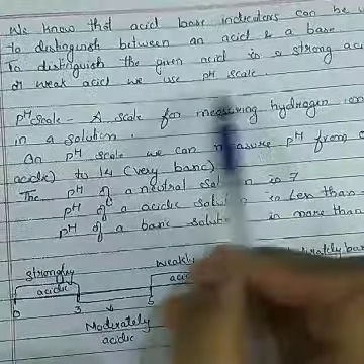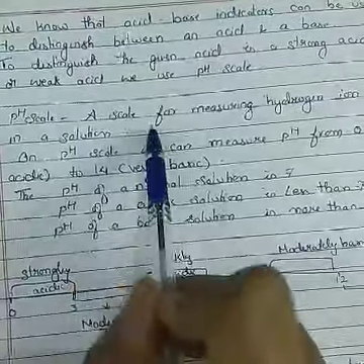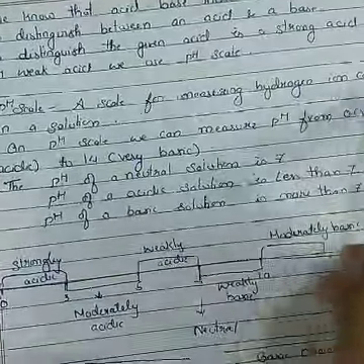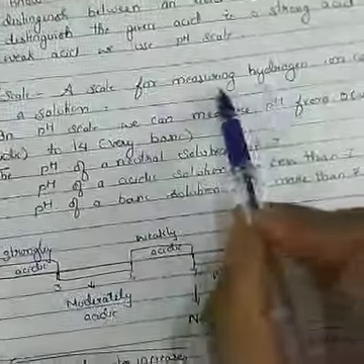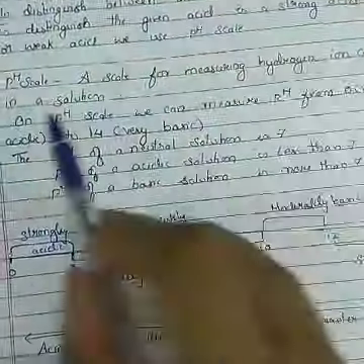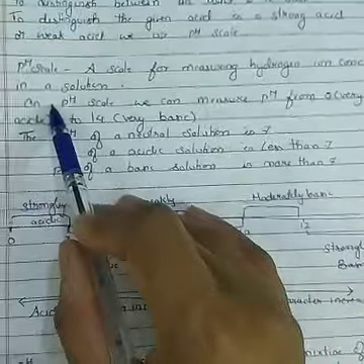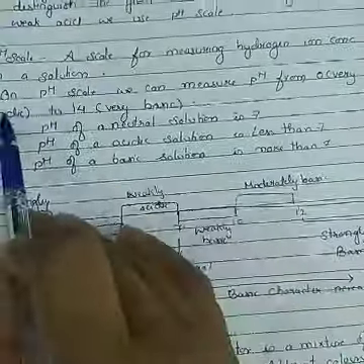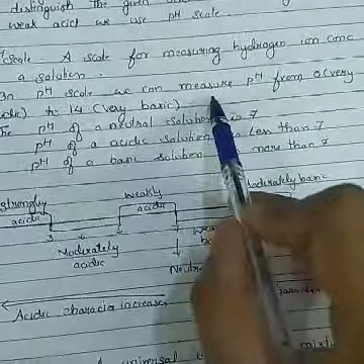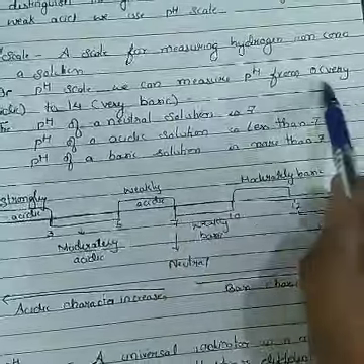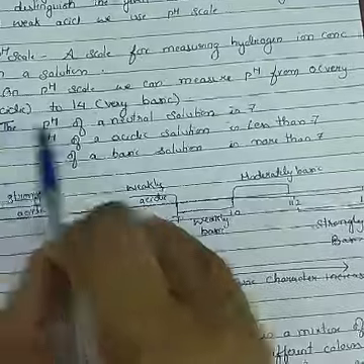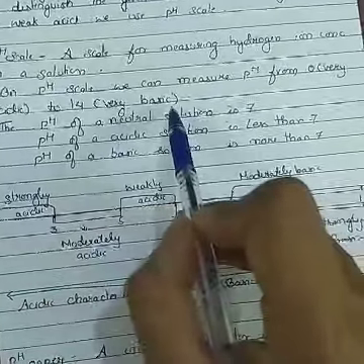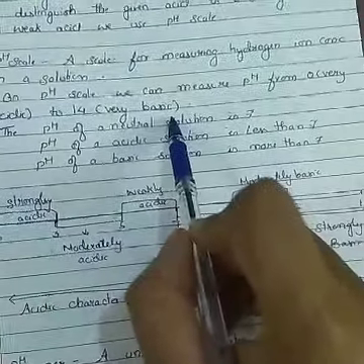What is pH scale? It is a scale for measuring the hydrogen ion concentration in a solution. On the pH scale, we can measure pH from 0 to 14, that is, from very strong acid to very strong base.